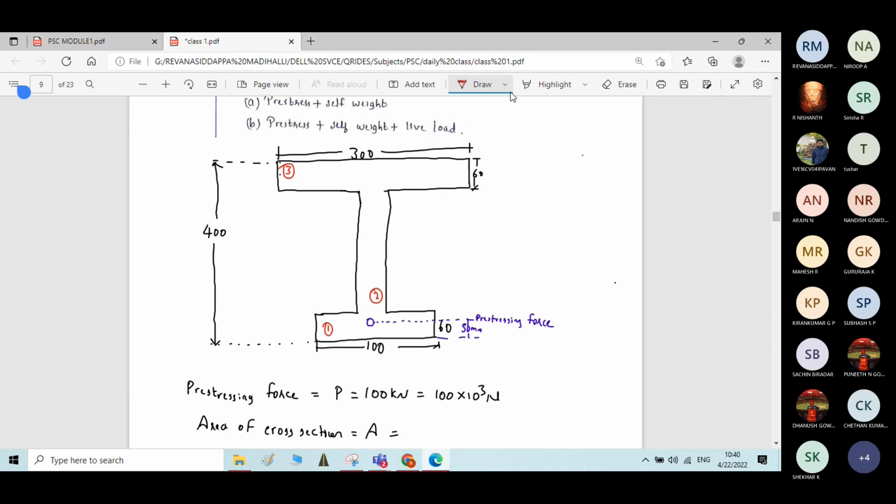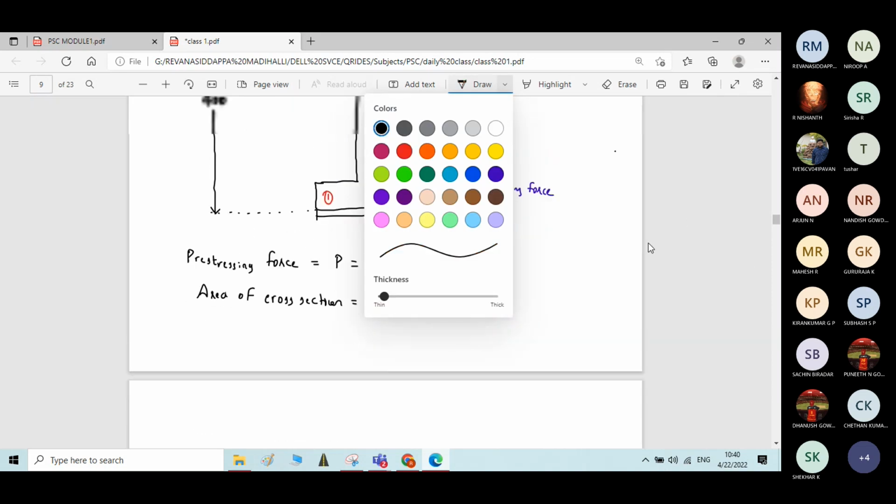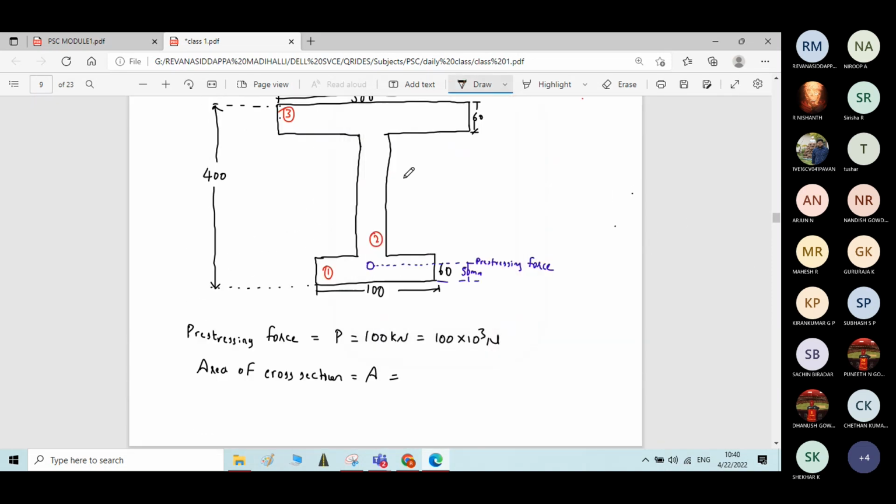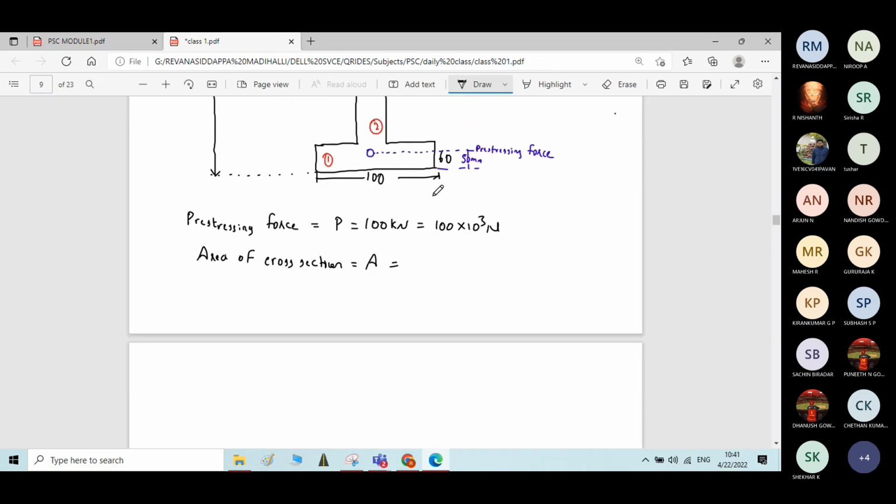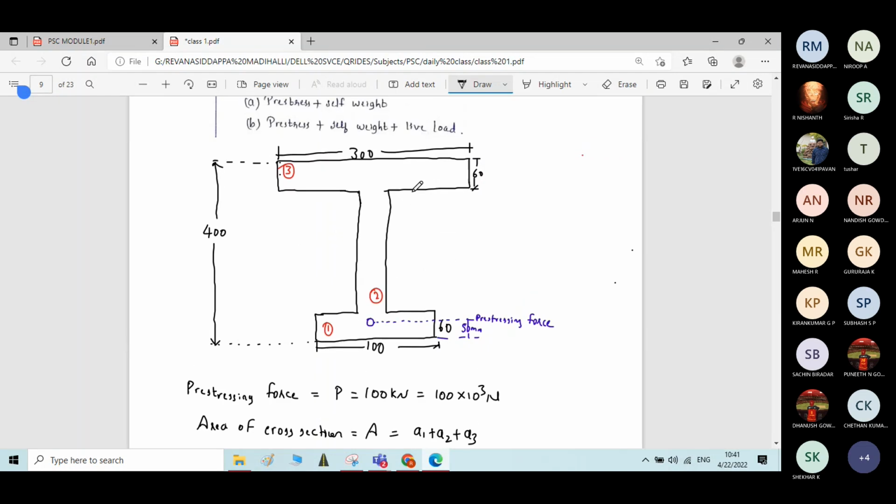Now, total area of the I section will be the sum of the areas of rectangles 1, 2 and 3, that is A1 plus A2 plus A3. So area of rectangle 1 is 100 into 60 plus A2, the area of rectangle 2.